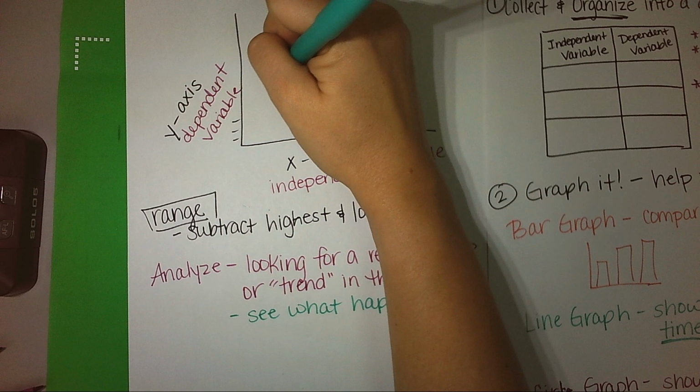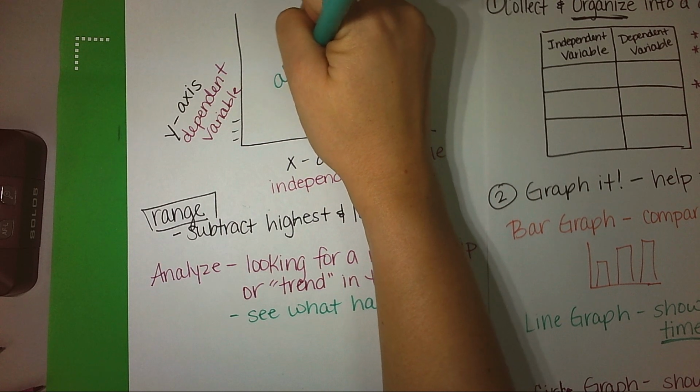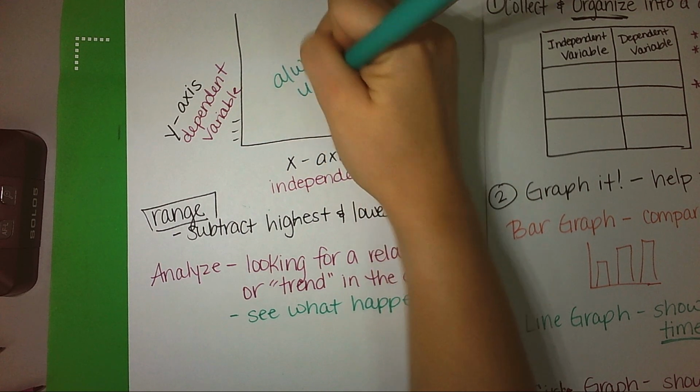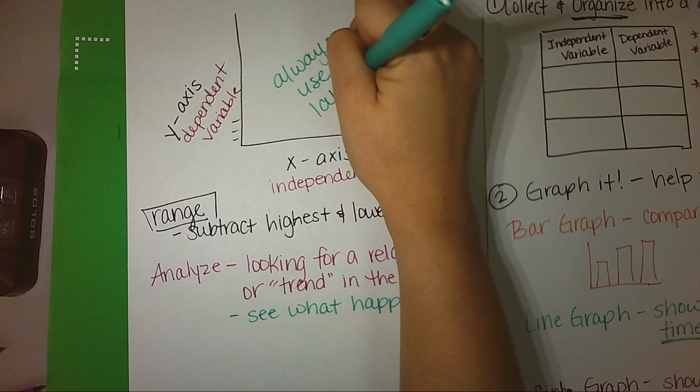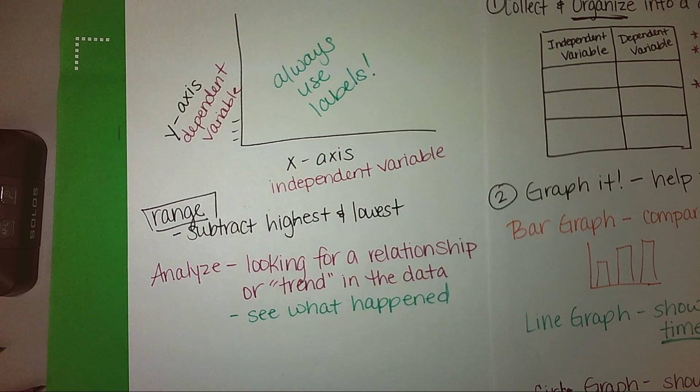And you want to make sure you always use labels so that whoever is looking at your graph can figure out what you did and what those numbers mean or what that line means. And so after you have copied this down into your notebook, you will get the practice graphs and you will see how good you are.